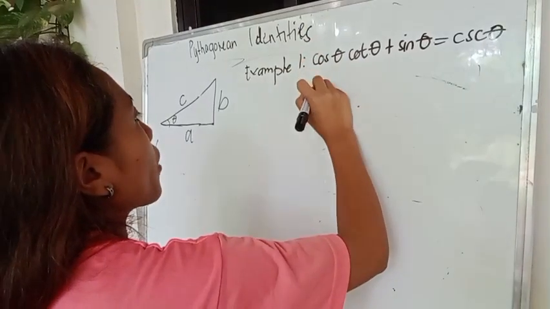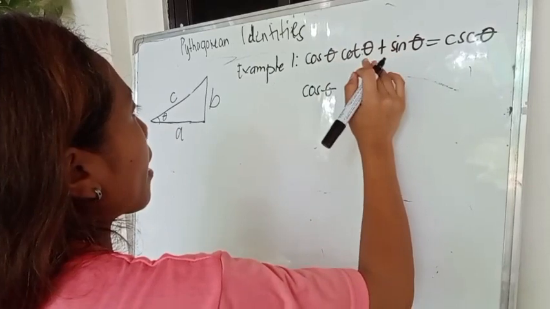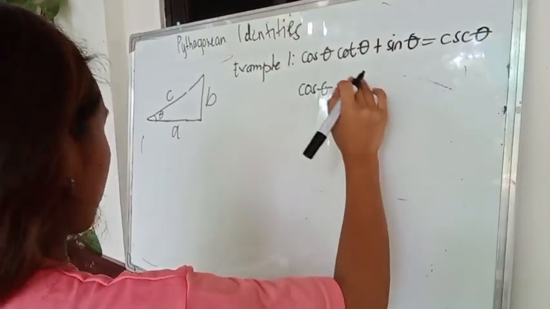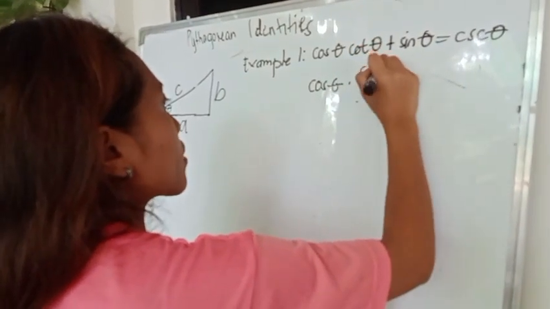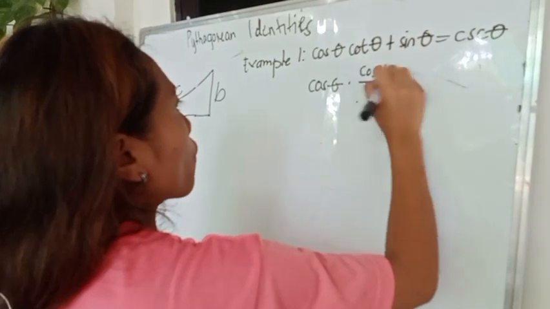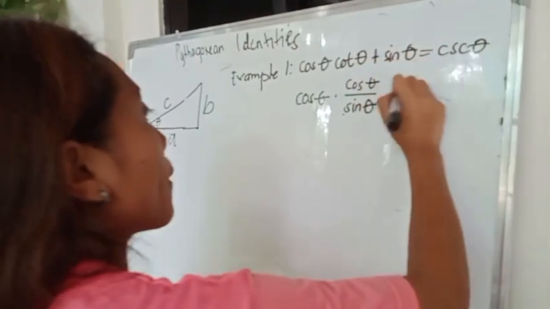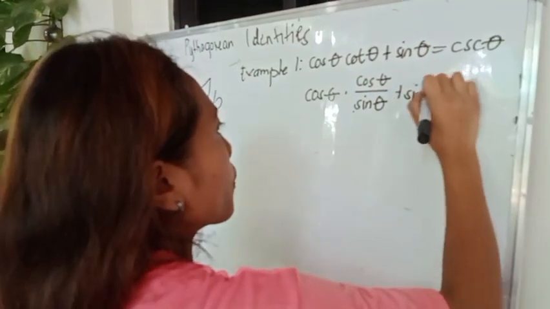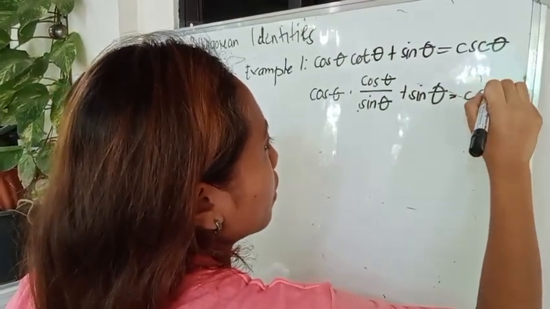Then we're going to copy the cos theta, then the quotient of cotangent theta is cosine theta over sine theta, plus we bring down the sine theta.